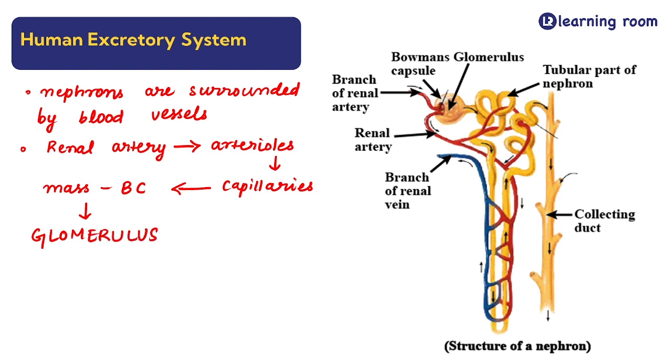The Bowman's capsule, including the glomerulus, can be called as the renal corpuscle or the Malpighian corpuscle.